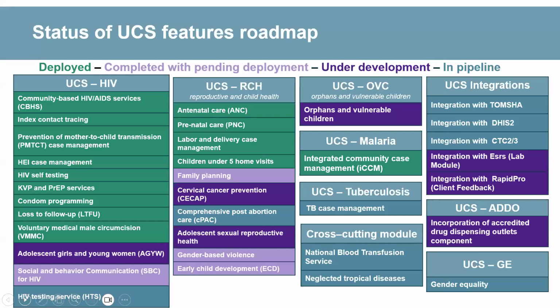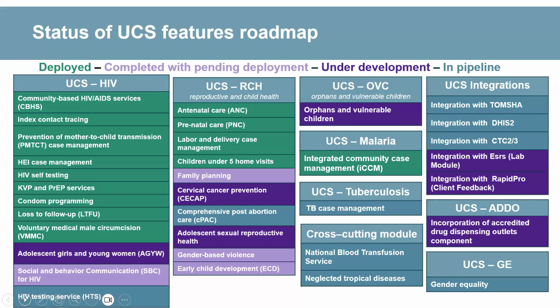Status of UCS features as far as the roadmap is concerned. These are all the modules that are being developed within UCS. Other modules are under development, others are in the pipeline to be developed, and others are completed, waiting to be deployed.